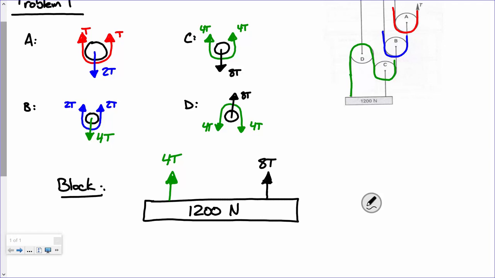Answer's A. See what I mean? It's really not that bad, you know? But this is statics in a nutshell, isn't it? You know, sum of forces in a given direction must equal 0. Not too shabby, right?